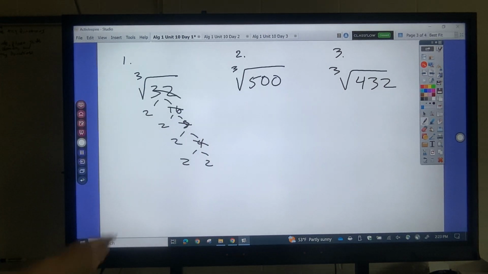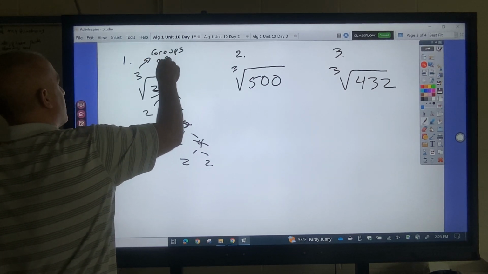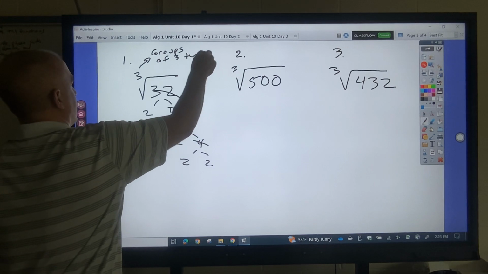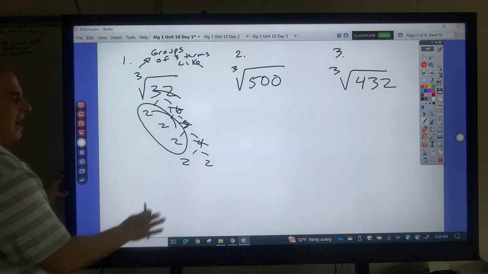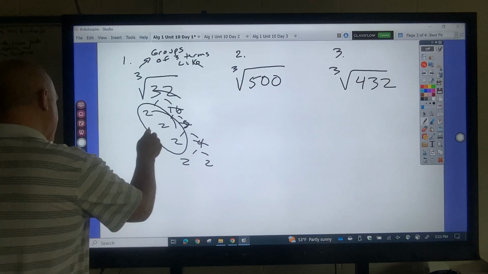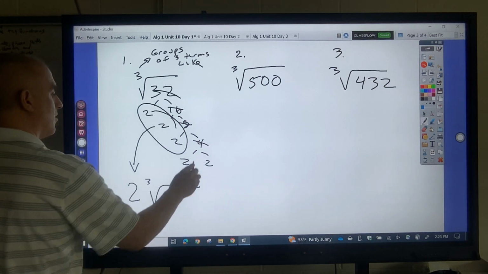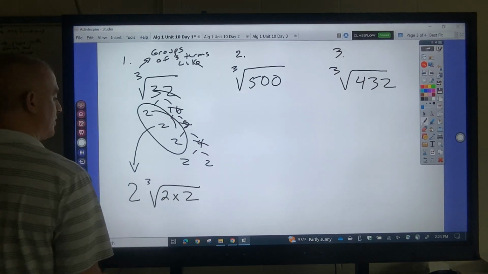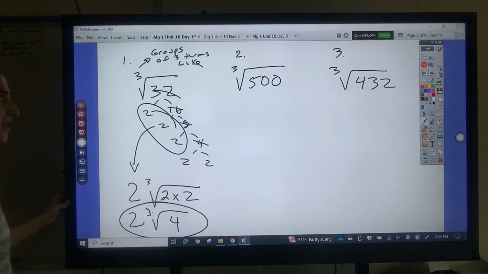Now, with the cube roots, I'm circling groups of 3 terms that are alike. So in this case, I got 3 2's. I cannot circle those because it's only 2 of them. Same deal though. One of those I can only take. What's left over? That 2 and that 2. So that'd be 2 cube root of 4. And that's how you do that.